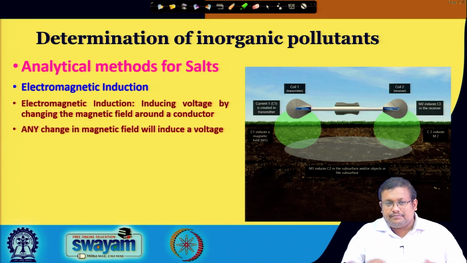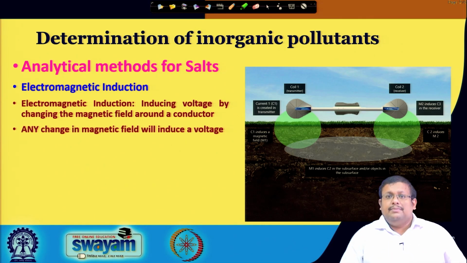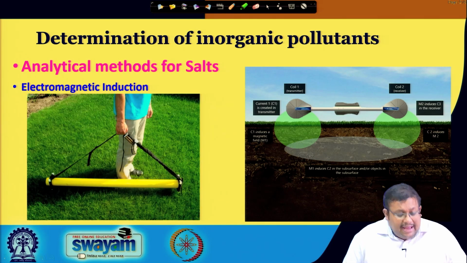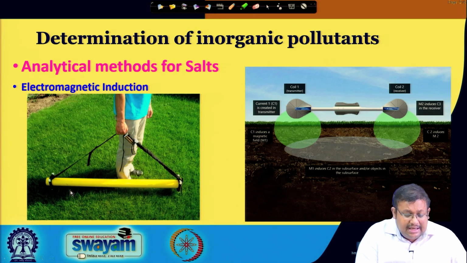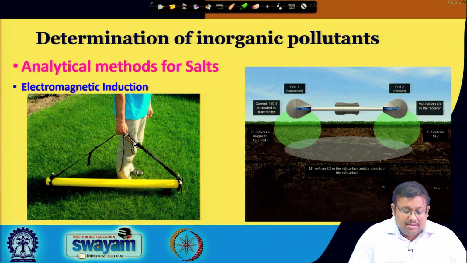So, if we move this EM sensor with respect to the earth's magnetic field, that will induce a voltage which will be measured at the receiver coil. So, this is how we measure the salt concentration in the soil, and this is actually the instrument you can see. Basically the researcher or the scientist has to move this bar, you can see it here.